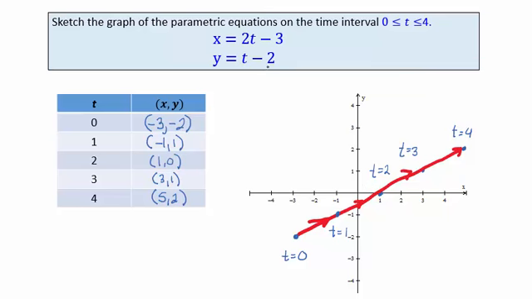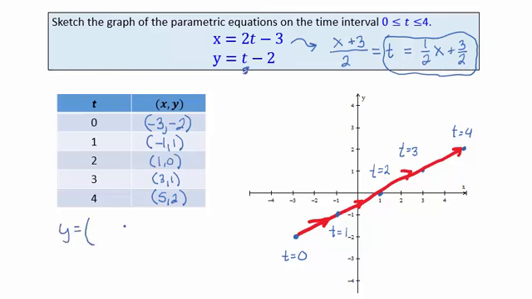One way to do this would be to take our first equation in x here and solve this for t, in which case you'd have x plus 3 all divided by 2 is what t is. It might be easier to rewrite this as 1/2 x plus 3/2 though. And think of this as a substitution we can make into our second equation for t. So that we would have y equals something that we would use for t minus 2.